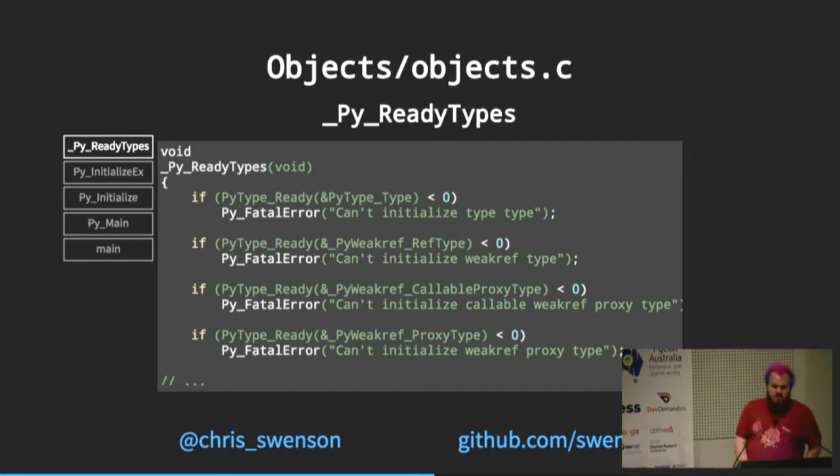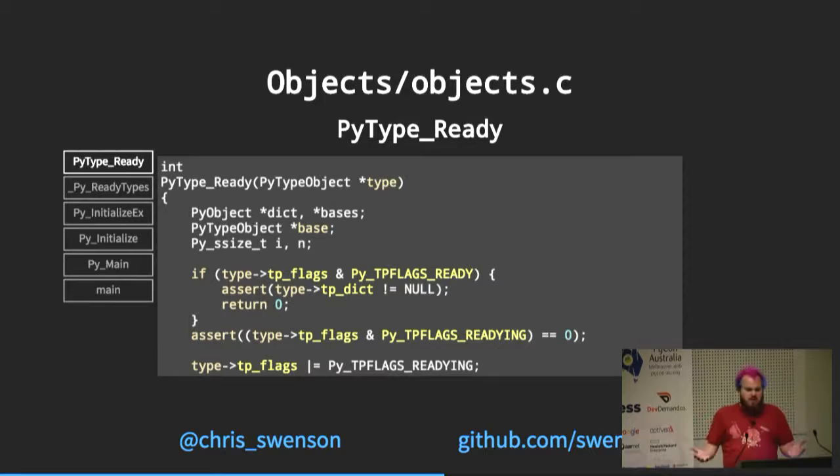So it has to go through all of that. I guess the first thing it does is type itself has to be initialized. Can't initialize anything else without type. And then it chains down all the other things that need to be called, in some very specific order. Every single one of these looks like this: type ready, something, and then there's like 100 lines of this. So what exactly does that do?